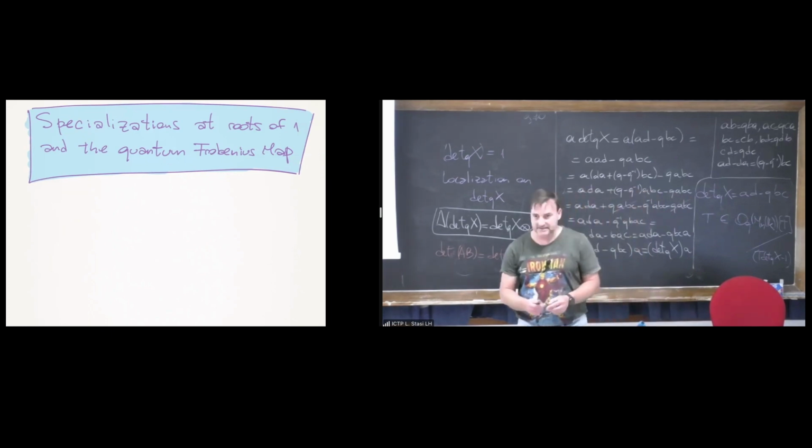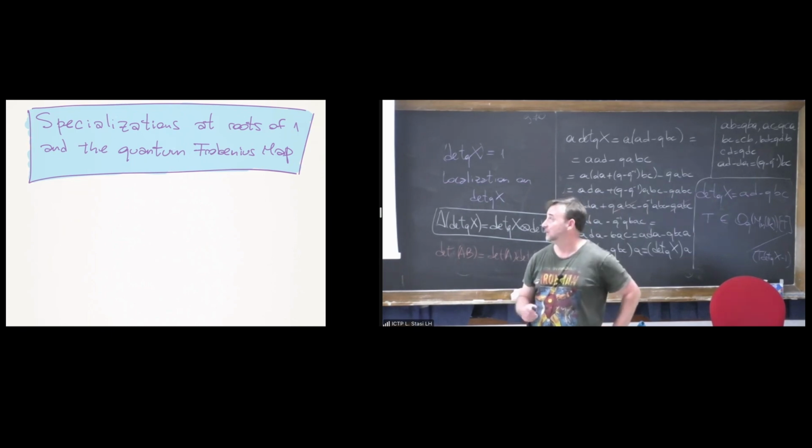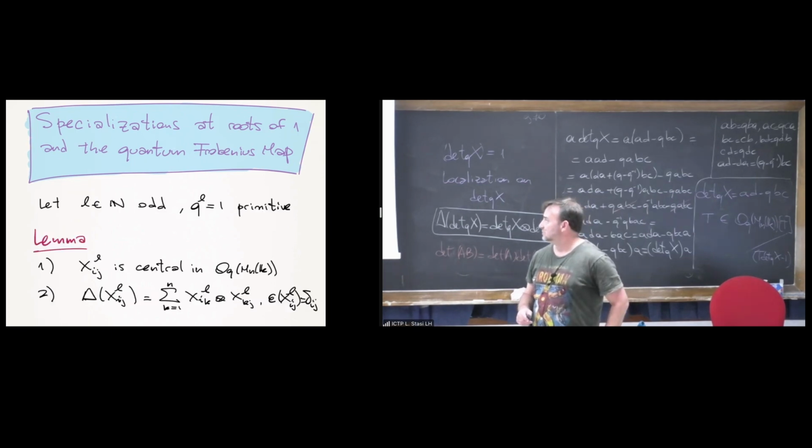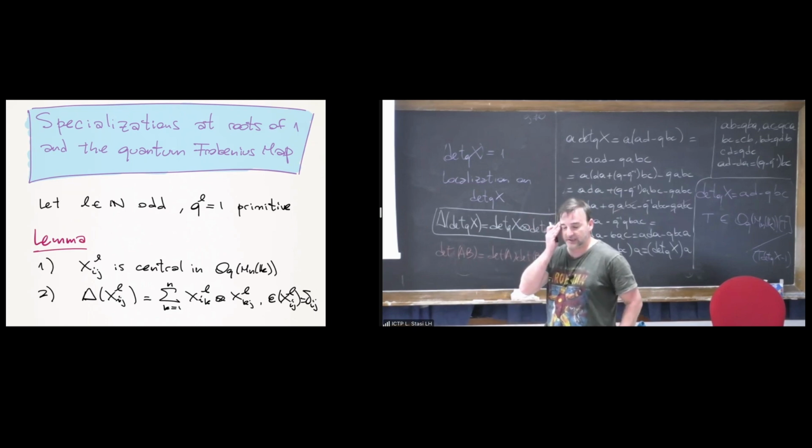So let's go and specialize. We do the specialization at a root of 1. So we take an odd natural number, and take a primitive root of unity.